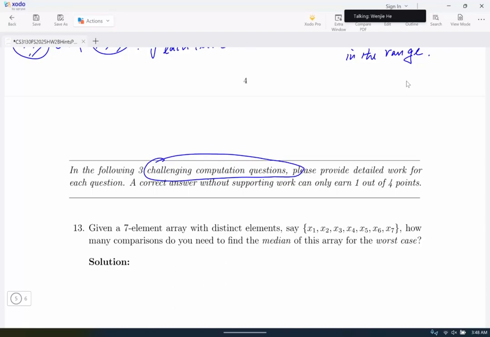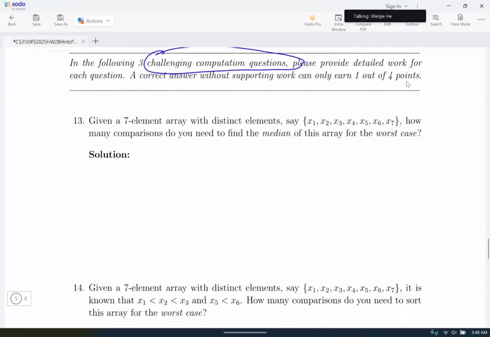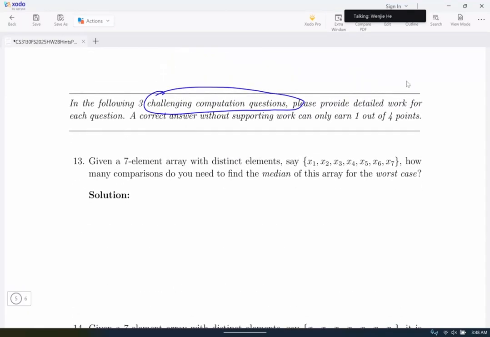In our final exam, I will also give you 3, not 5. 5 would need more time, so 3 is good enough.